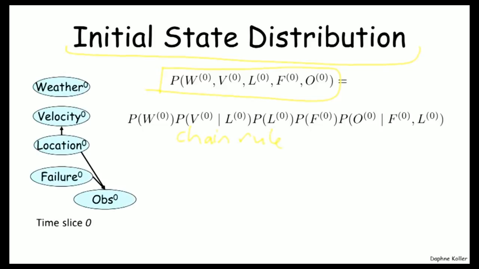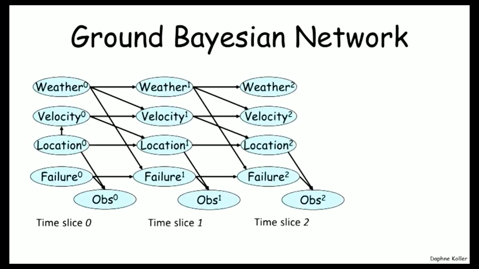So nothing very fancy here. With those two pieces, we can now represent probability distributions over arbitrarily long trajectories. We represent this by taking time slice 0 and copying the time 0 Bayesian network, which represents the probability distribution over the time 0 variables.